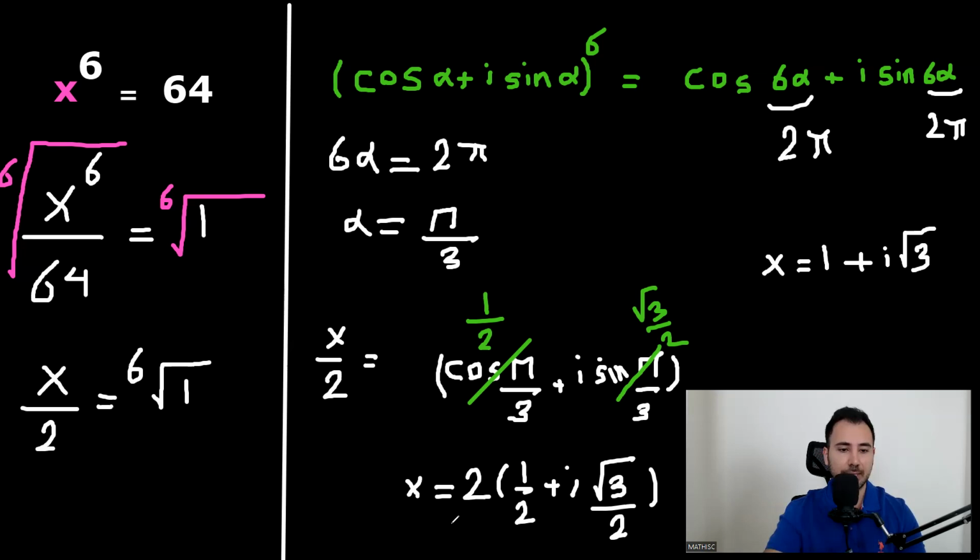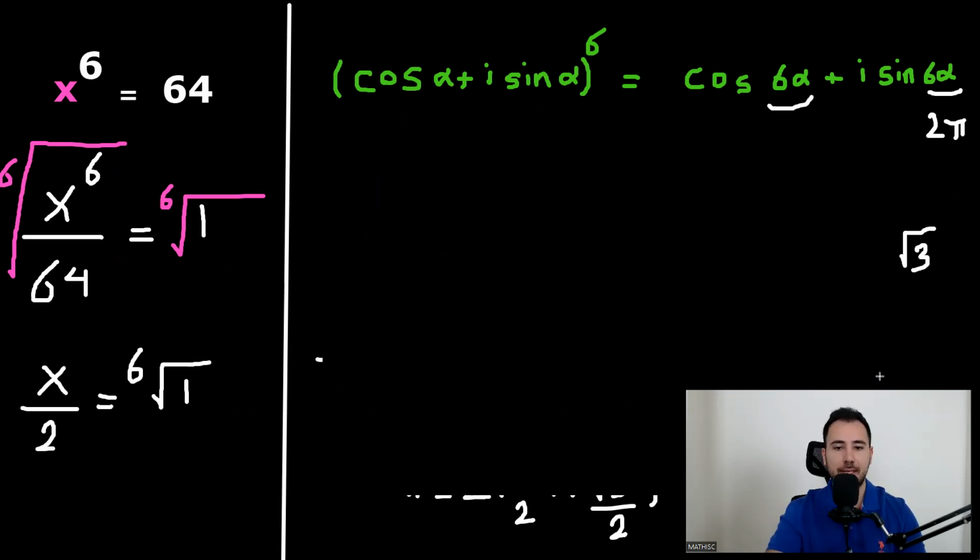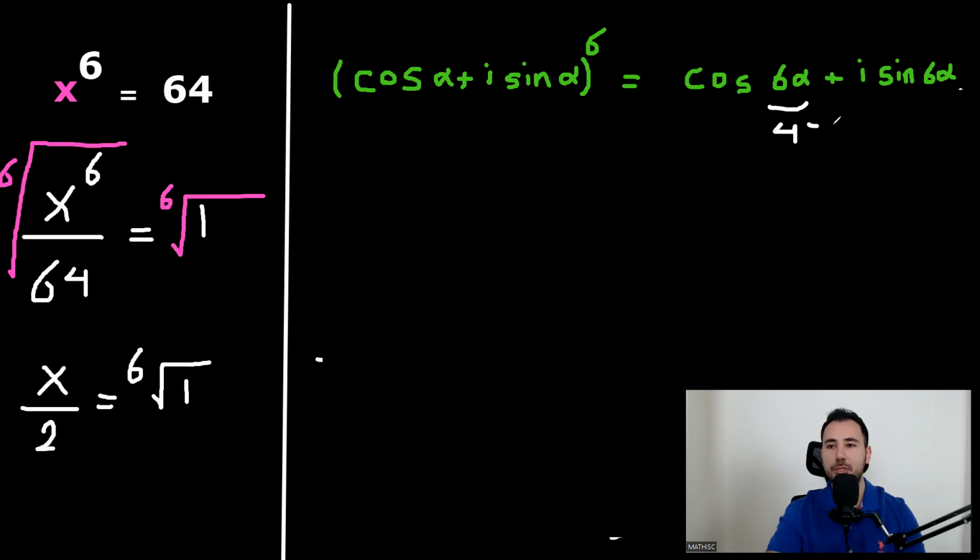Okay, so let's do a few more. So what happens now, instead of 6 alpha, what if we just write 4 pi? Okay, again, everything will be 0. So this will produce the next solution.